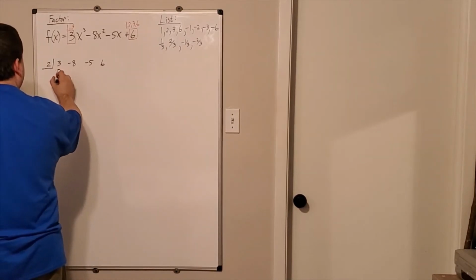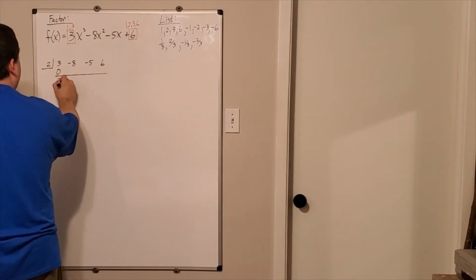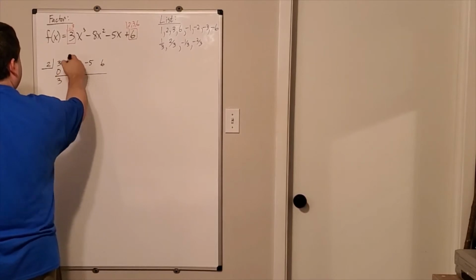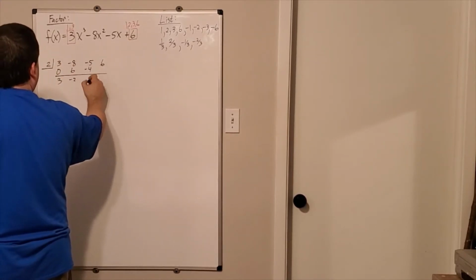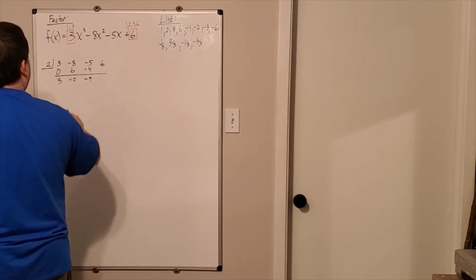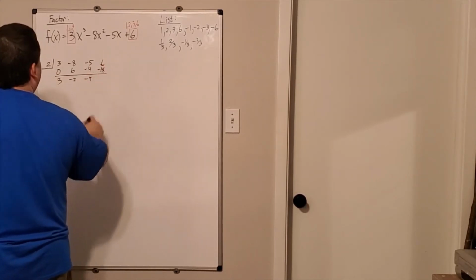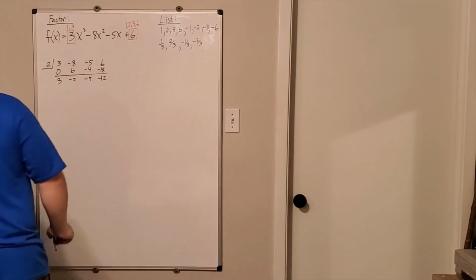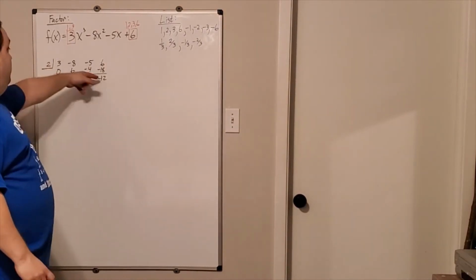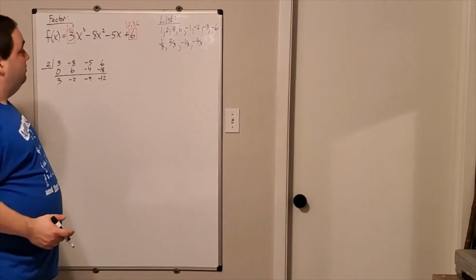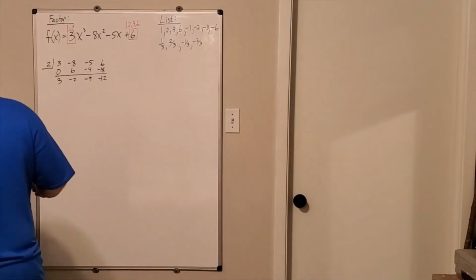So I'll do my 0, draw my line. 3, 2 times 3 is 6, then -2, then -4, that's -9. 2 times -9 is -18, so I got -12. Okay, so that one's a bust. But I did find out that f of 2 is -12. That helps sometimes.